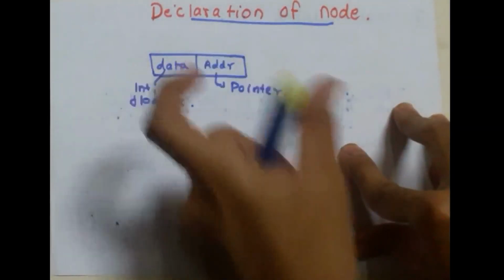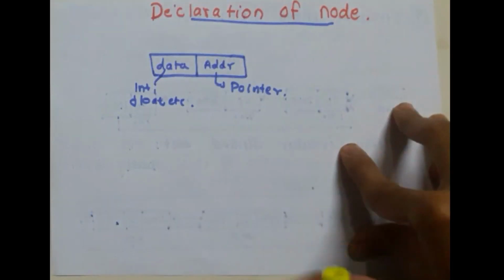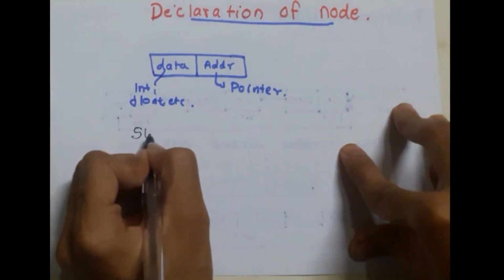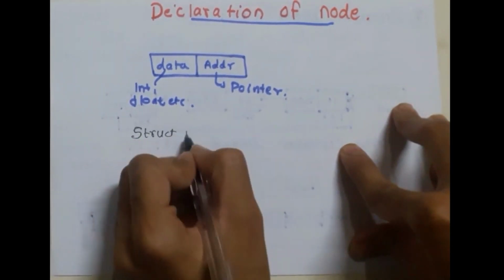So for declaration of node, we require a data type that can accept multiple elements of different data type, isn't it? And in data structure, there is a user-defined data type, that is structure, which can accept multiple elements of different data type. So with the help of structure, we will declare a node. For that, we can write struct node.